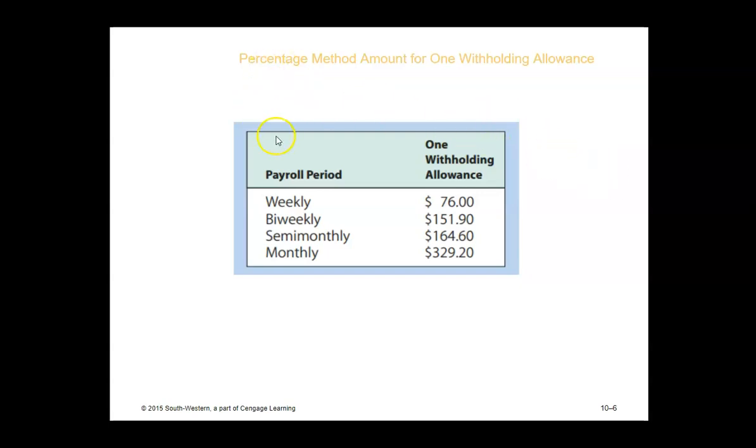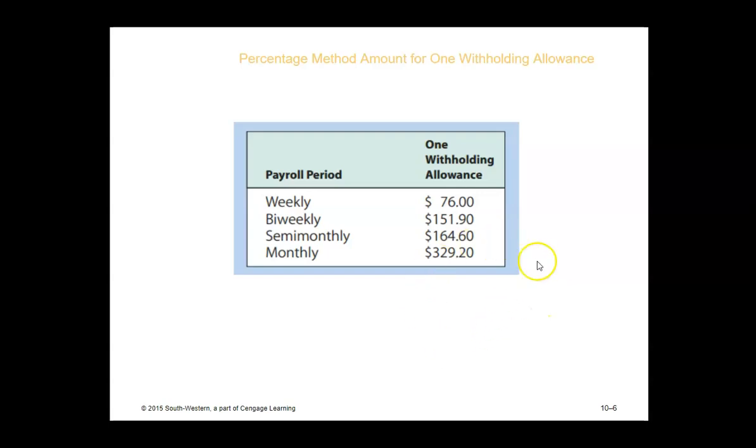With the percentage method, you need to figure out their payroll period, whether they get paid on a weekly, bi-weekly, semi-monthly or monthly basis. There really is a difference between biweekly and semi-monthly. Biweekly gets paid 26 times in a year, and semi-monthly only gets paid 24 times in the year, although you might think that it's the same.